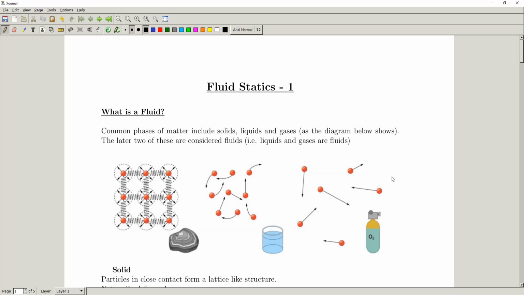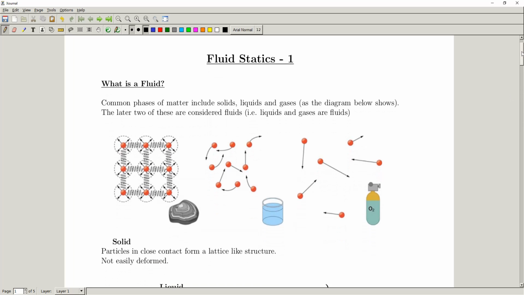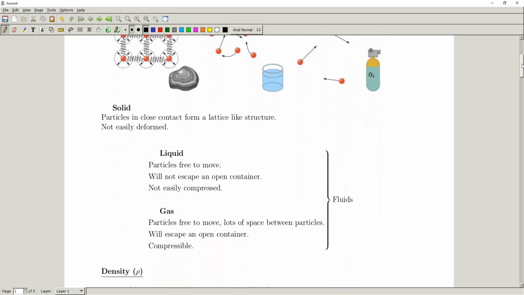Fluids are liquids and gases when we think of these phases of matter in these terms. So anything where our particles can move freely, as they can in a liquid or in a gas, that's a fluid, or at least that's what we're going to be using as our description of a fluid here.